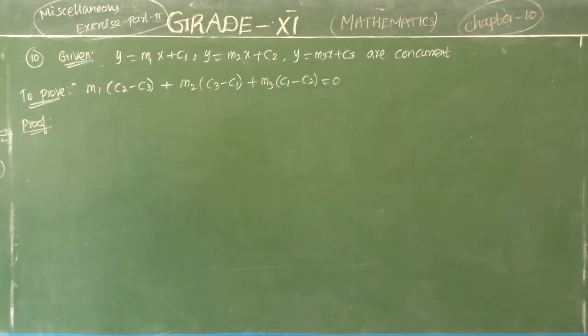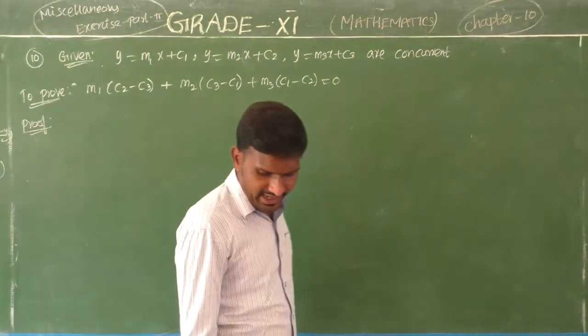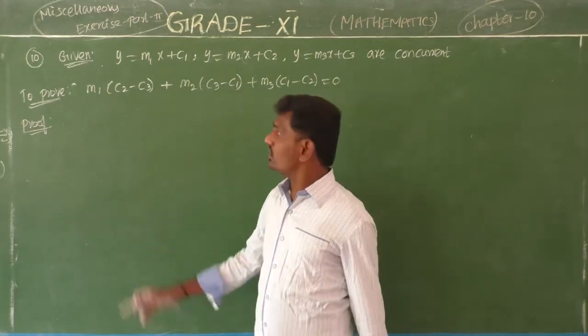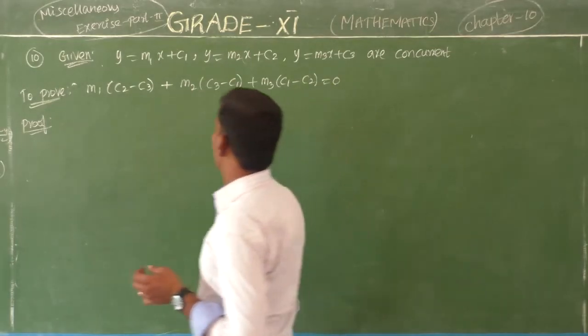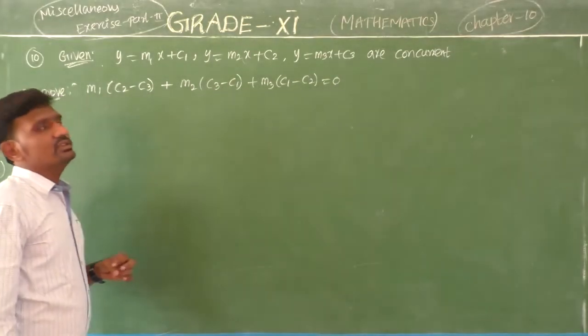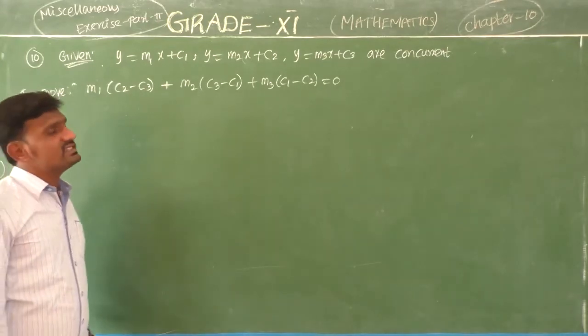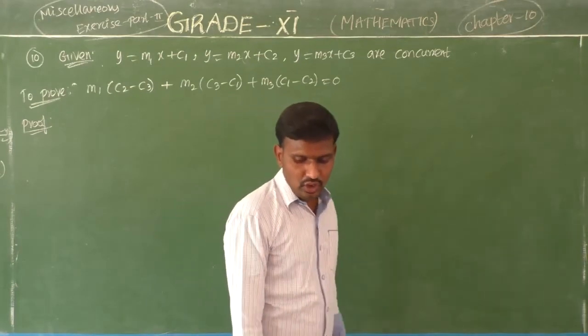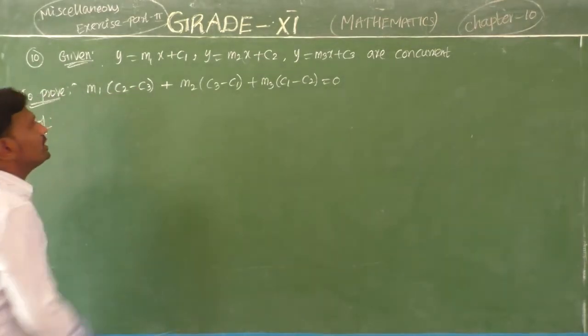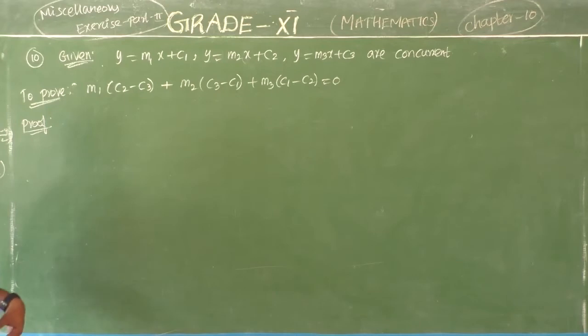So if the three lines whose equations are y equal to m1x plus c1, y equal to m2x plus c2 and y equal to m3x plus c3 are concurrent, then show that m1 into (c2 minus c3) plus m2 into (c3 minus c1) plus m3 into (c1 minus c2) is equal to 0.